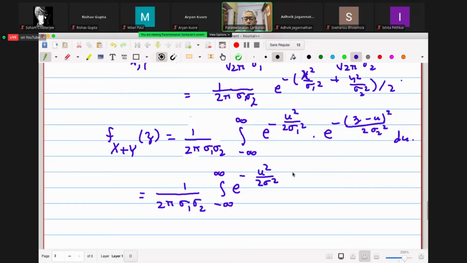And here you expand this: e to the power minus of u squared plus... let's just write the product term, 2 u z, and then plus z squared, whole thing divided by 2 sigma 2 squared, and du.